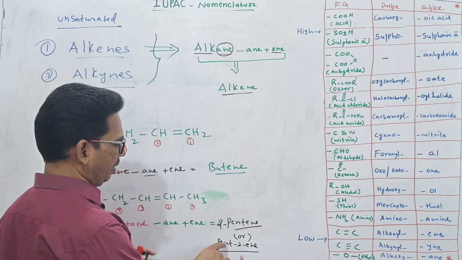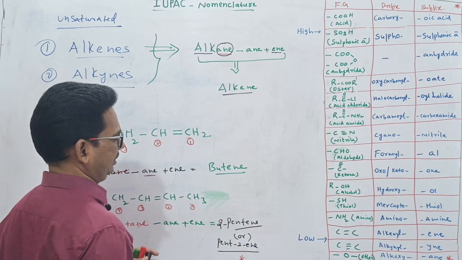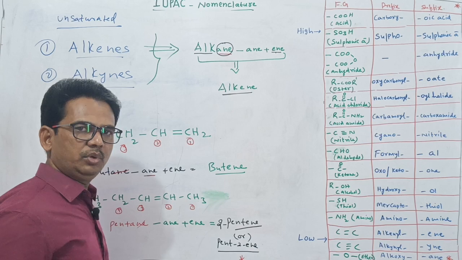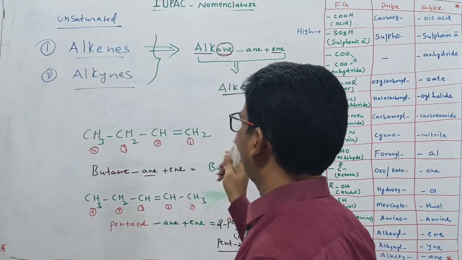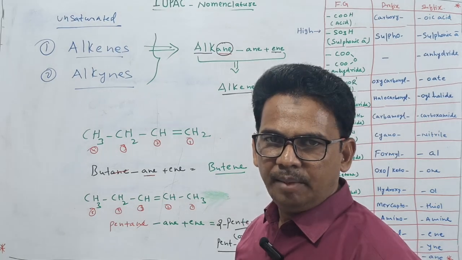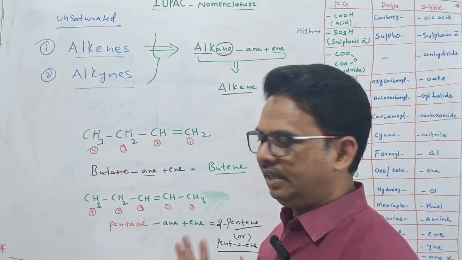That's why I am writing pent-2-ene or 2-pentene. Both are correct. Okay, I hope you understand how to give the name, especially for the alkenes.